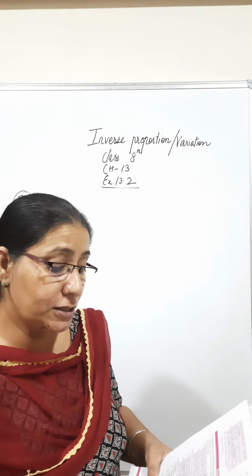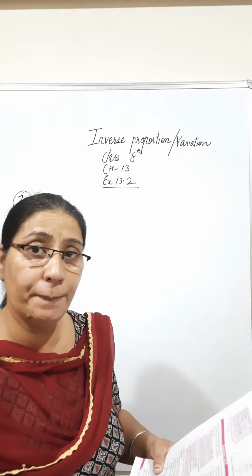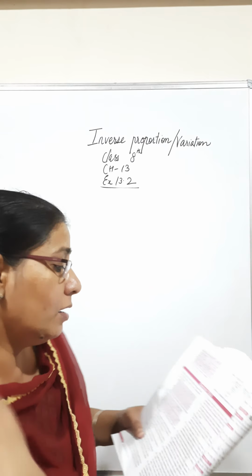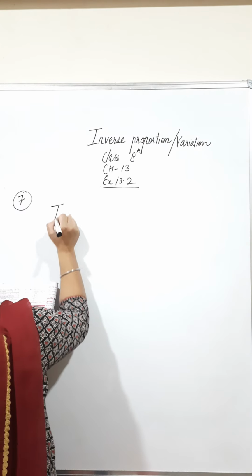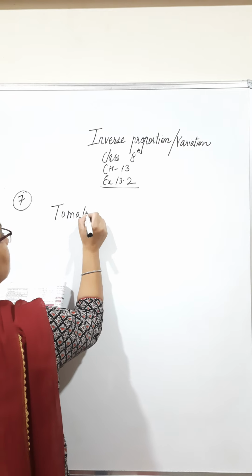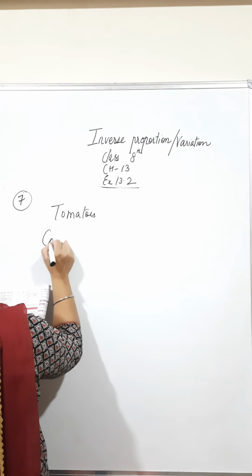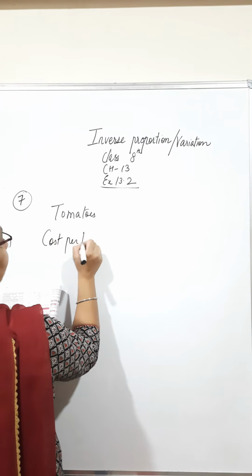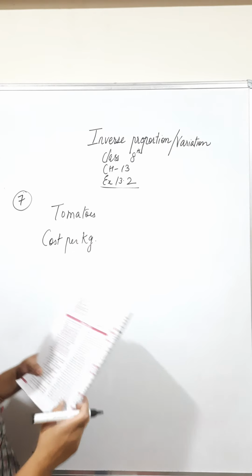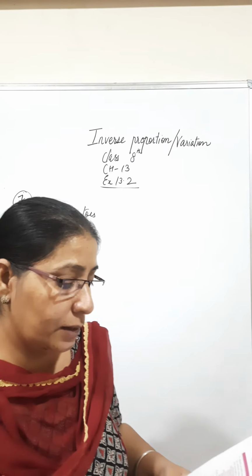Okay, like I gave you the example of apples, in the same way here, tomatoes and cost per kg, these are the two variables you have.